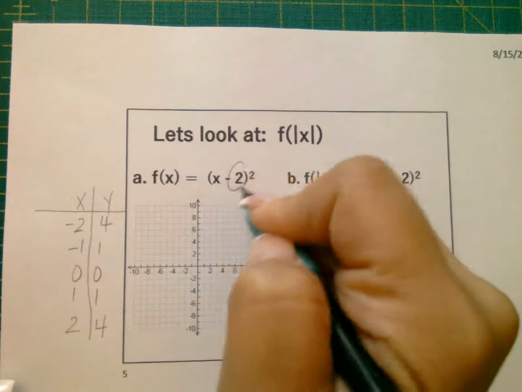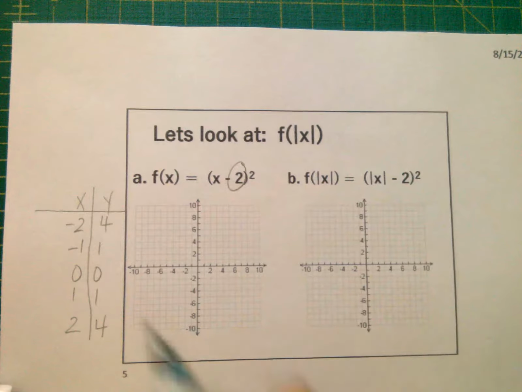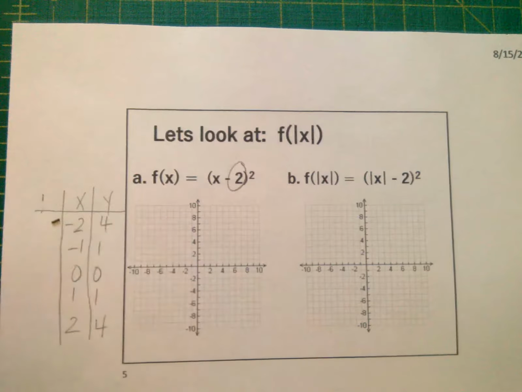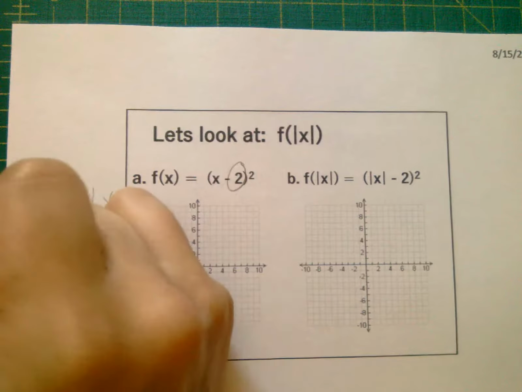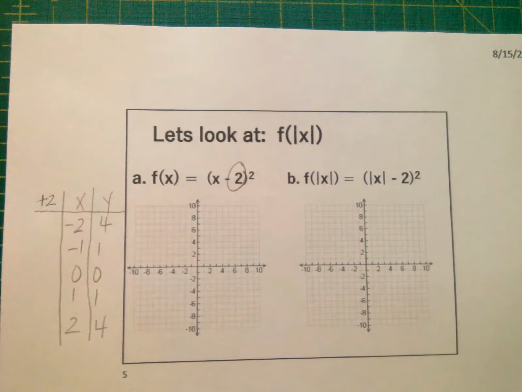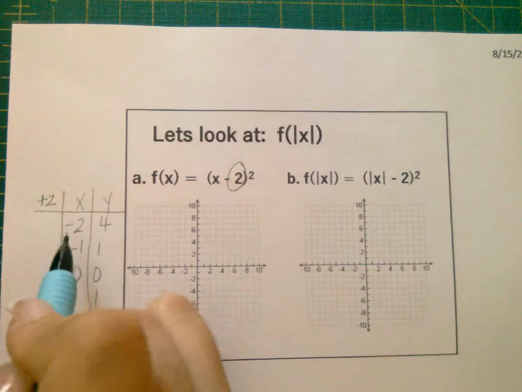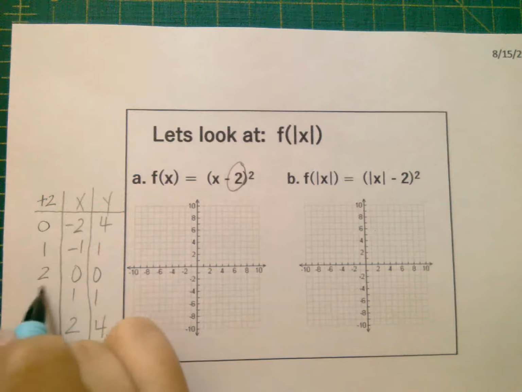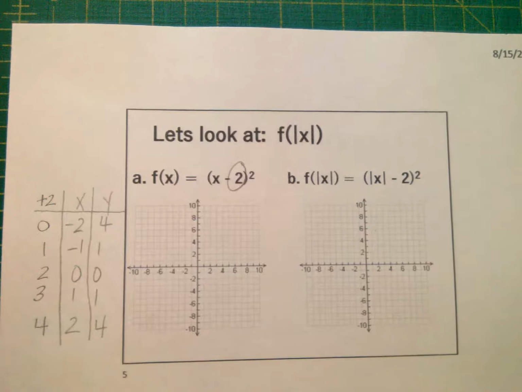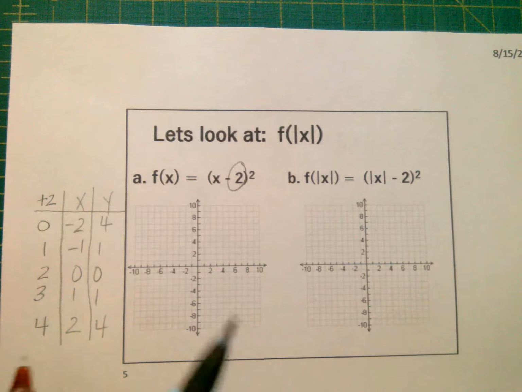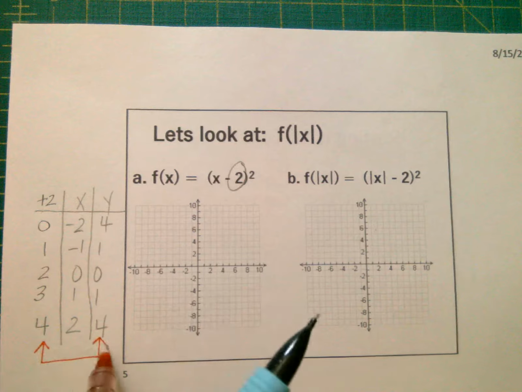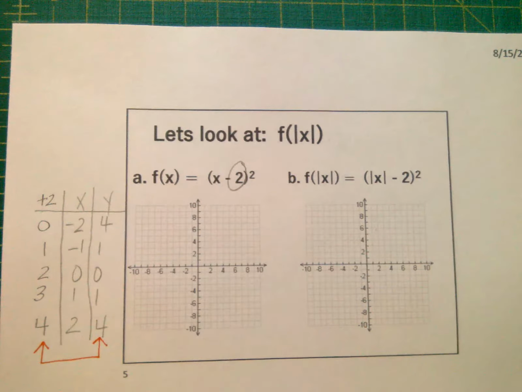And I see this time it's a horizontal transformation. So I'm going to add 2 to my x values. Okay, so those are my values to graph.